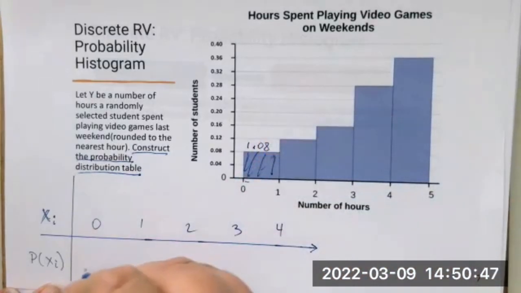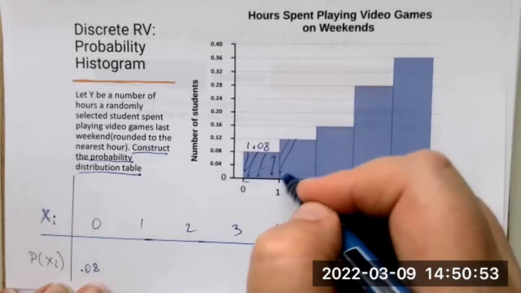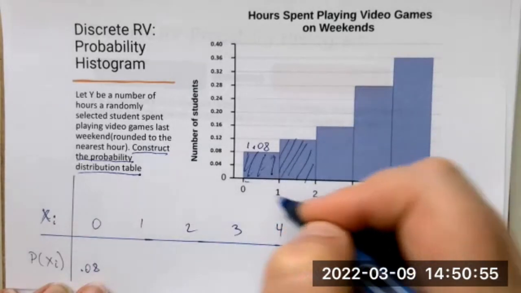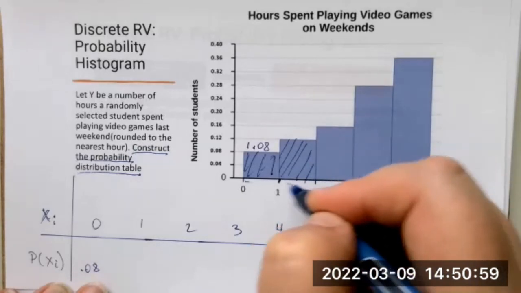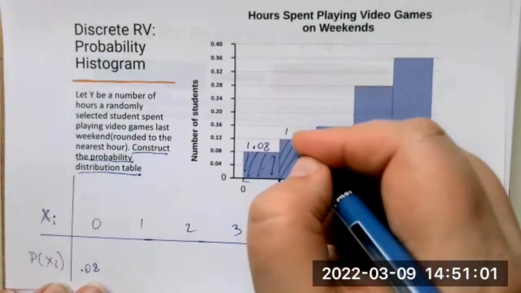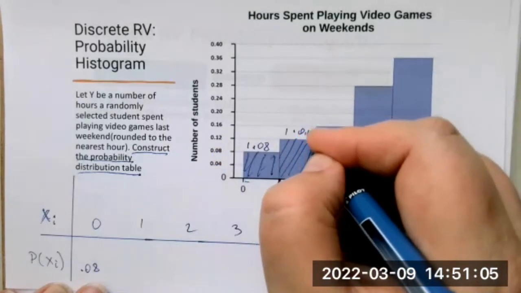So that probability is 0.08. Now, what about 1? The probability that the person spent 1 hour playing video games. Again, the width of the rectangle is 1 and the height is 0.12.